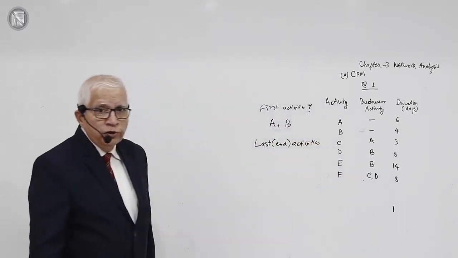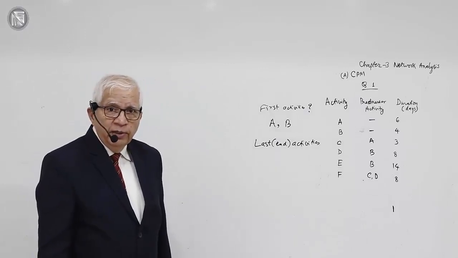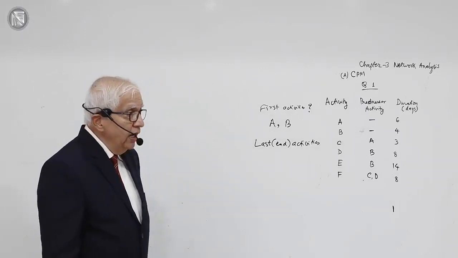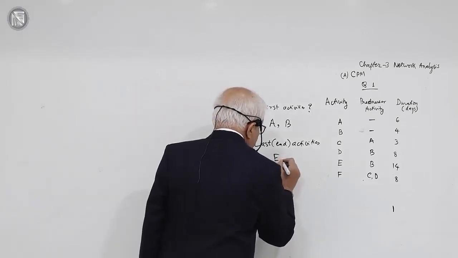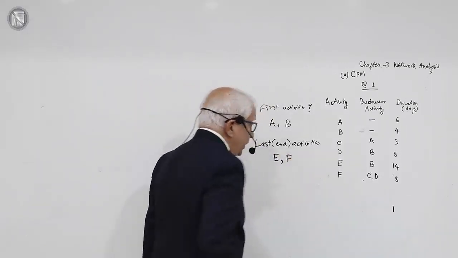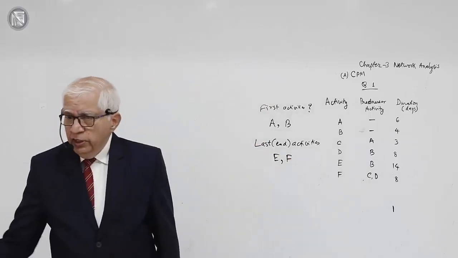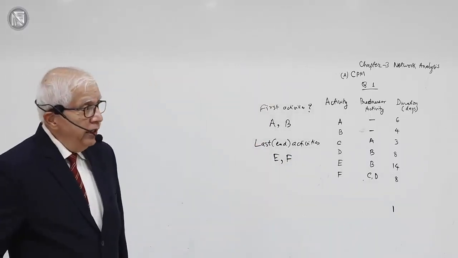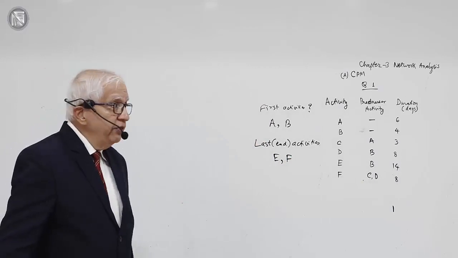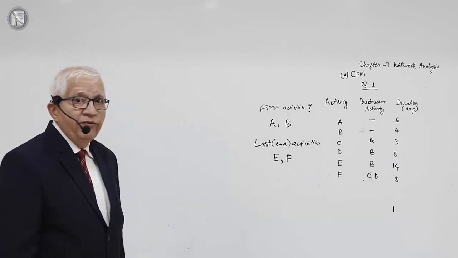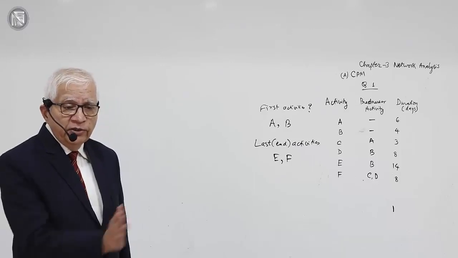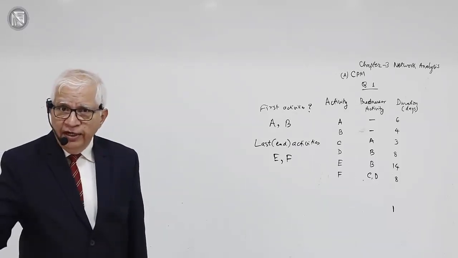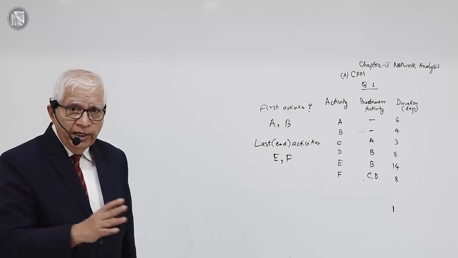Those activities which do not feature in the second column under predecessor activity are the end activities, and for this network it is E and F. So there is nothing before A and B, and there is nothing after E and F. In other words, whatever we have A, B, C, D, E, F, there is nothing before A and B, nothing after E and F. So my network will comprise from left to right.